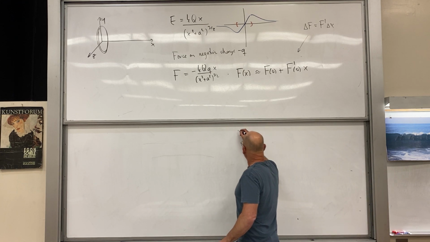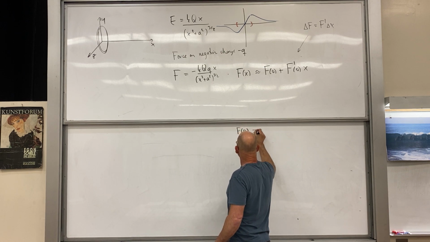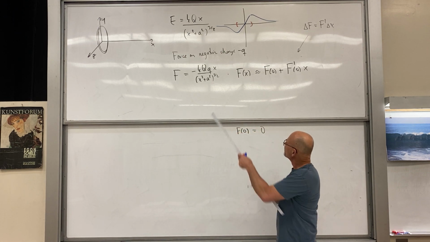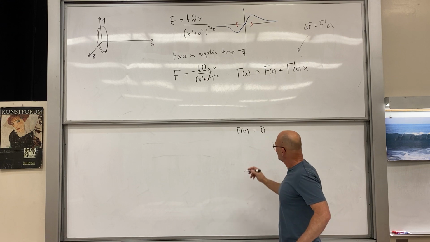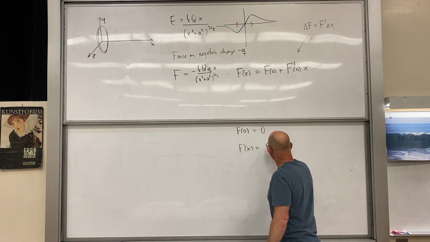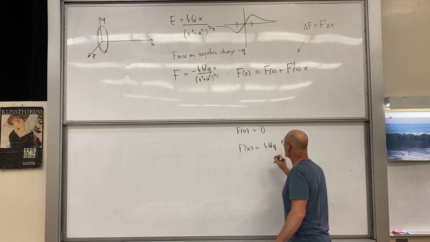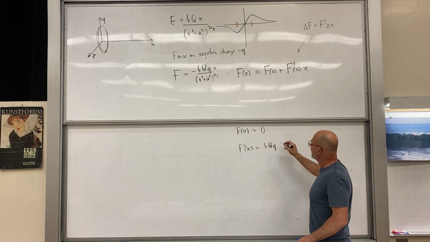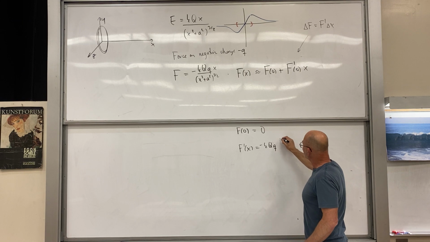So what do we have here? f of 0 is 0, right? Just plug x equals 0 in. Let's get f prime of x. We've got k, product of the charges, with a minus sign there.